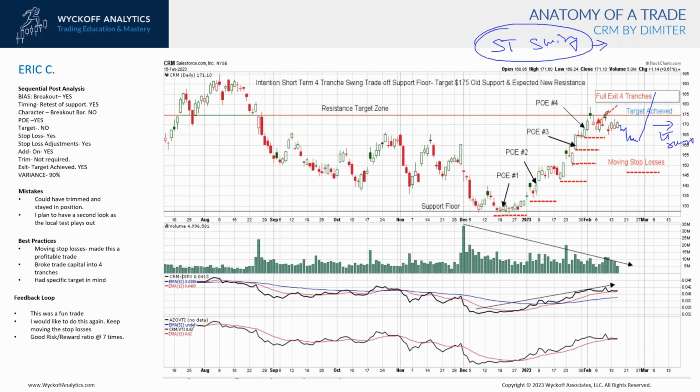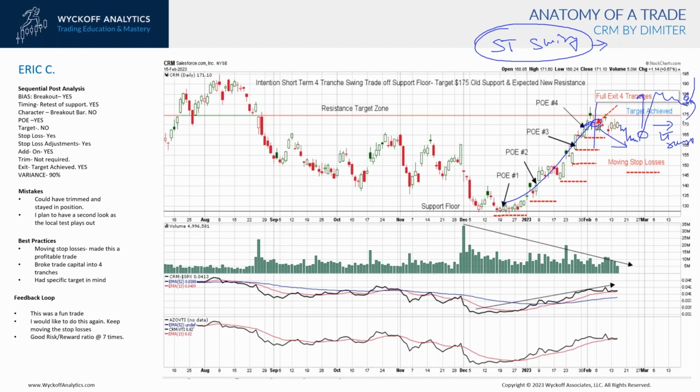If this was a short-term swing intention, then this is a perfect exit, absolutely, because you don't want to go through this. Your goal would be to enter somewhere here. You wouldn't be able to do that because there was a gap, but maybe later on, somewhere here after the backup. But for the short-term swing, yes, absolutely, this is such a great swing.